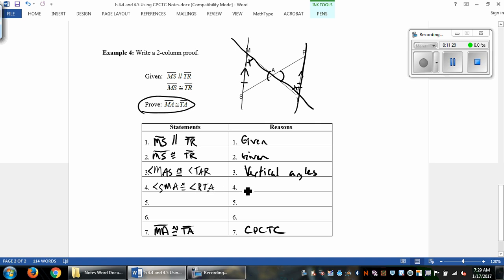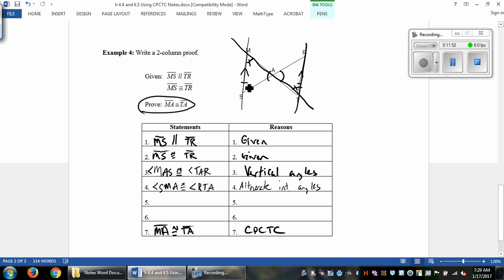And that's because alternate interior angles. And so now we have angle, we have angle, we have side, angle angle side.